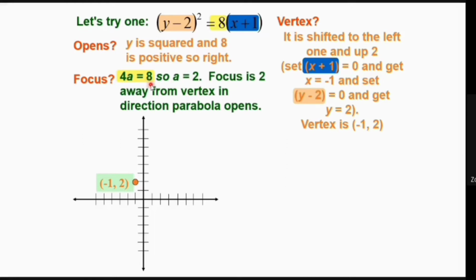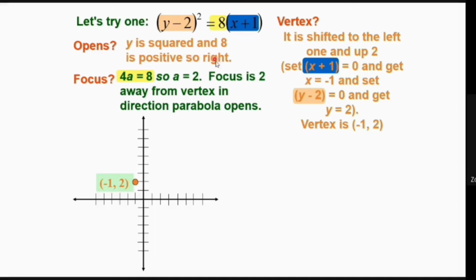8 divided by 4, that will be 2. So yung 4A is equal to 8. Makukuha natin yung value ng A to be equal to 2. So meaning, if we already have the value of A, alam na natin kung saan yung location ng focus. So what we're going to do is to count 2 units.